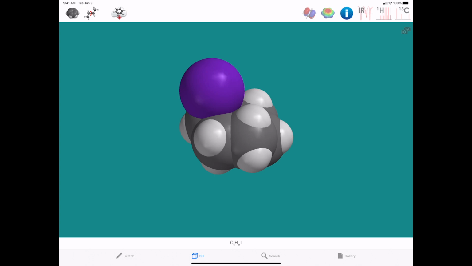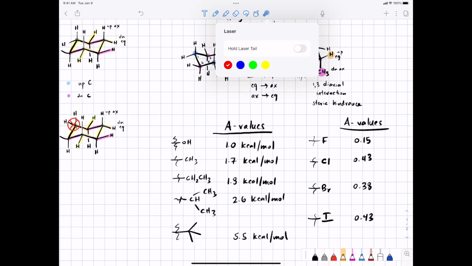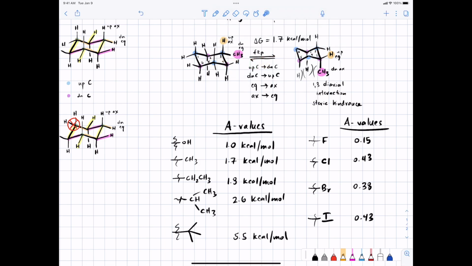Yep. Yes? Just to confirm, the A values you're talking about, is that the energy that it takes to flip from one conformation to another? Yeah, and they're uphill because axial is worse than equatorial. Yes? So you said that 1 kilocalorie is roughly 10 times as much in the equatorial versus the axial. Right. At room temperature, 1.4 kilocalories is a factor of 10 in equilibrium constant. So with every 1.4 it's another factor of 10? That's right, because equilibrium constant has a logarithmic relationship to free energy.